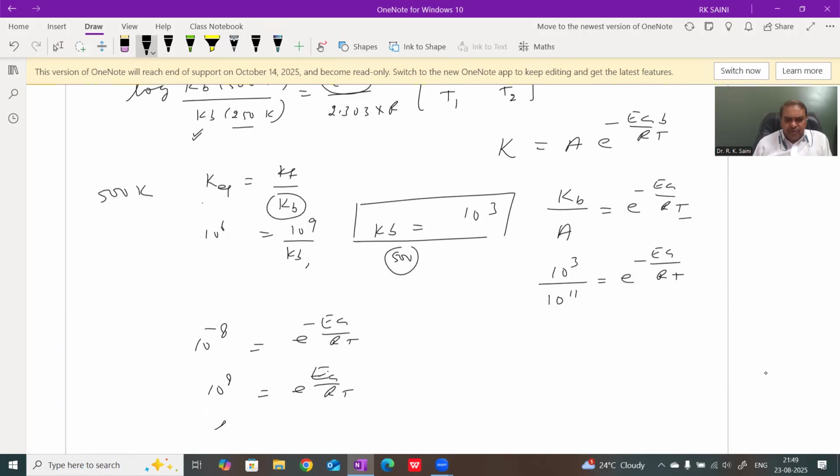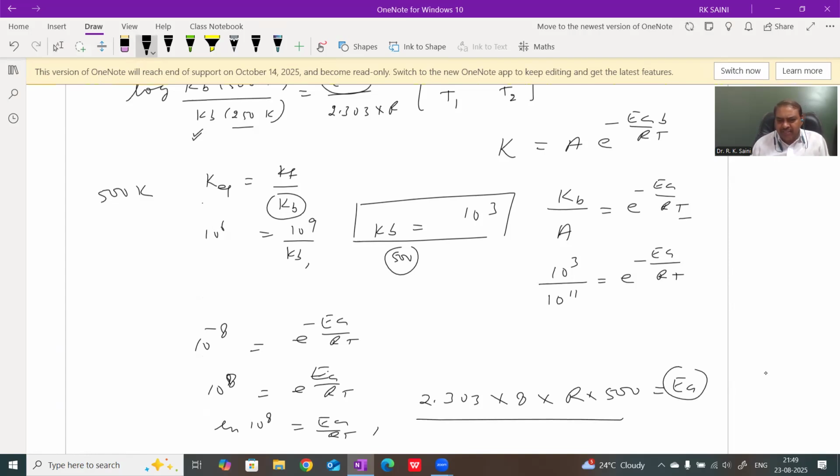Taking ln, ln 10 to the power 8 equals EA upon RT, or we can say EA equals 2.303 into 8 into R into temperature 500. This is the value of the activation energy, and then putting the value of the activation energy as well as Kb in equation number first, we get our answer.